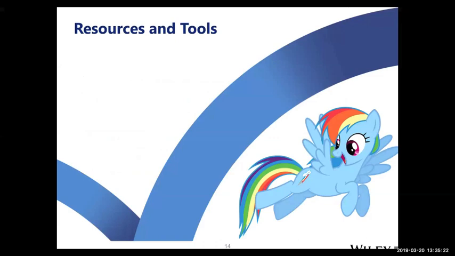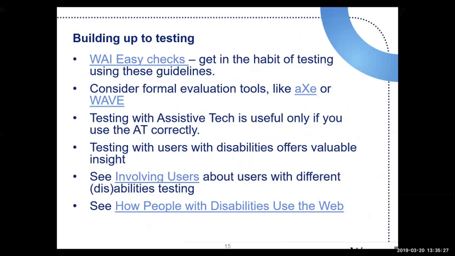So let's talk now about resources and tools. So the tooling can be a little overwhelming. If you just do a quick search for accessibility tools, you'll be bombarded with choices, and not all of the choices are equal. So another useful resource from WAI is their list of easy checks.